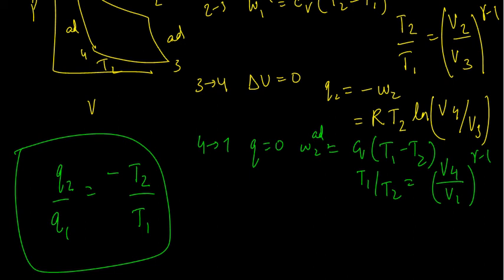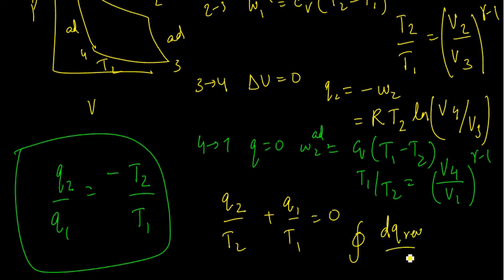Okay, so as she said, conservation of entropy would show this, but I was actually doing the other way around. I was trying to show the conservation of entropy from here, to tell you that if I put Q2 by T2 plus Q1 by T1, then it's 0, or in other words, dQ reversible by T is equal to 0.